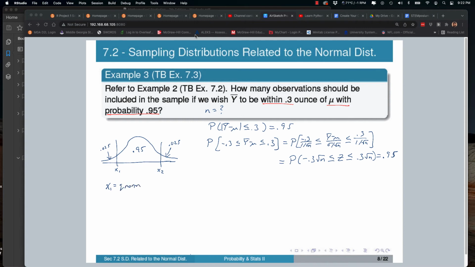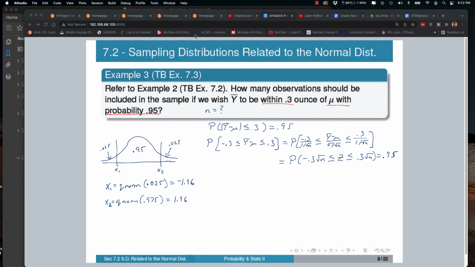And again, with normal you don't have to show both. Some other distributions you do. So qnorm of 0.025 gave me negative 1.96, and the next one, qnorm of 0.975, just adding the areas below, gave me positive 1.96.